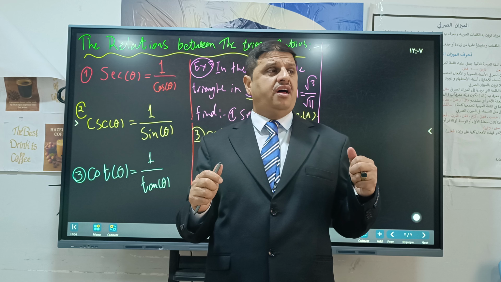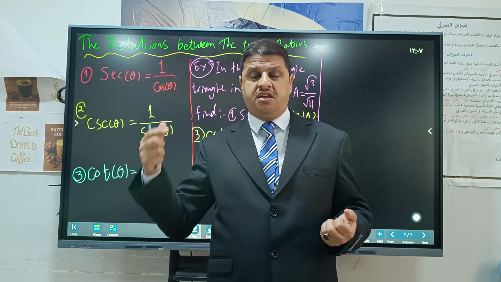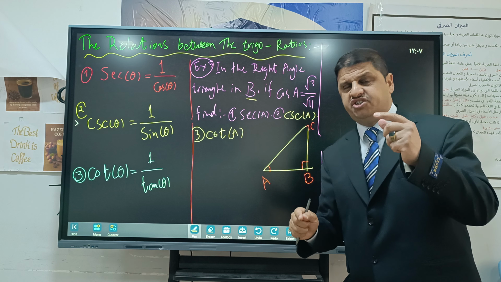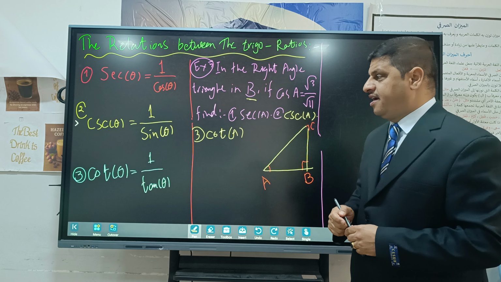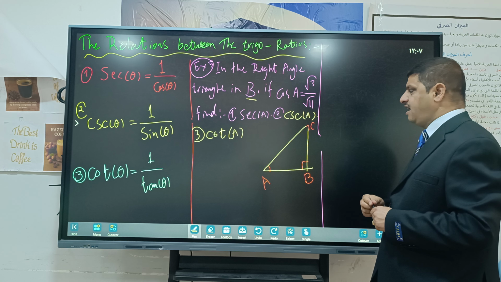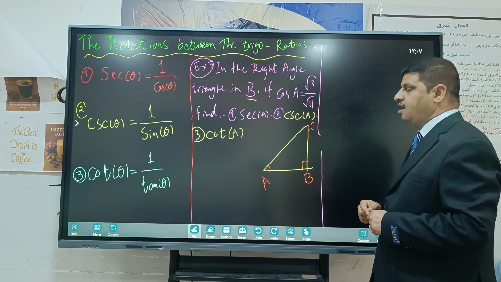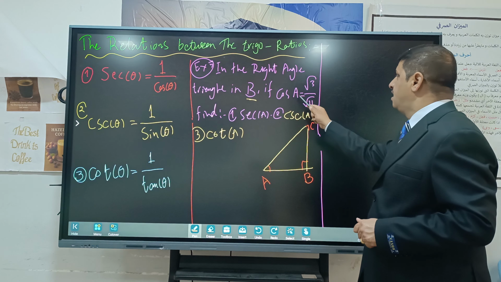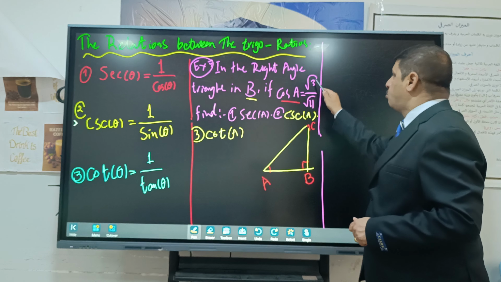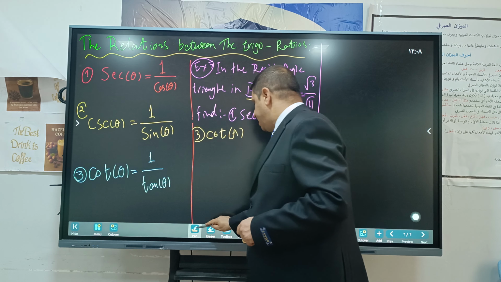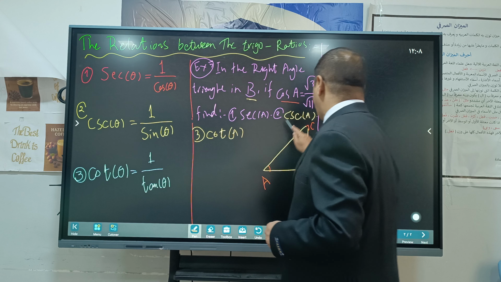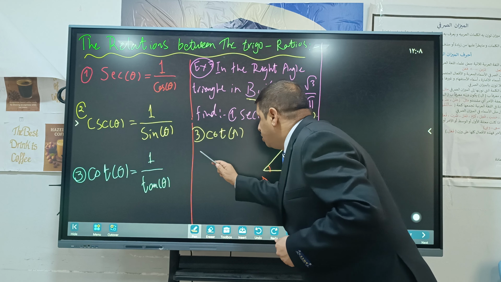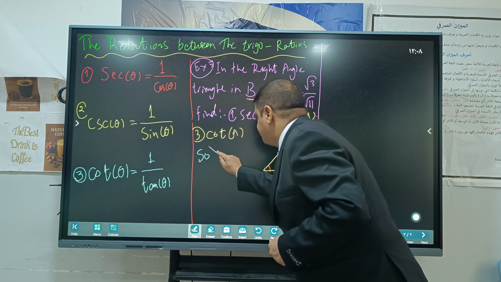Don't hesitate. They may give the same question to you, or just change the value of cosine and sine and all of them. Now, he said to me, cosine of A equals square root of 3 divided by square root of 11. We know the solution.